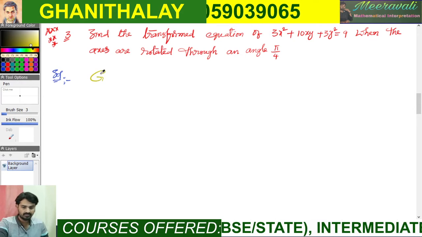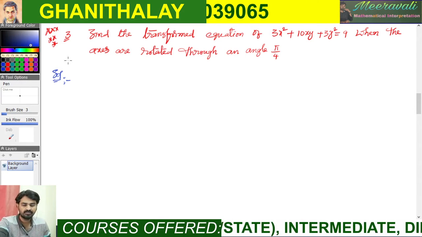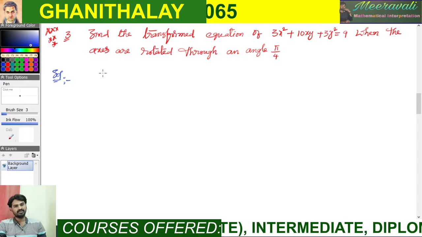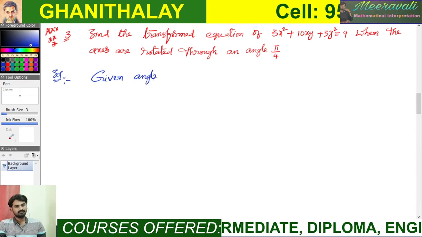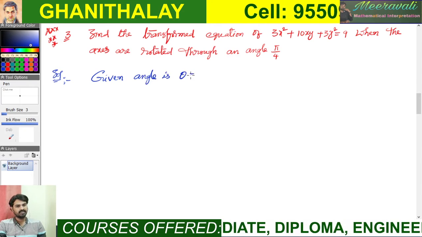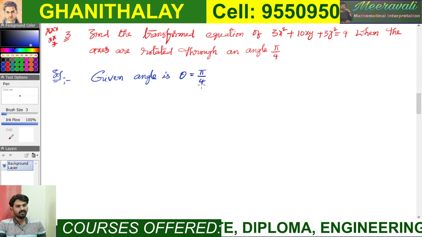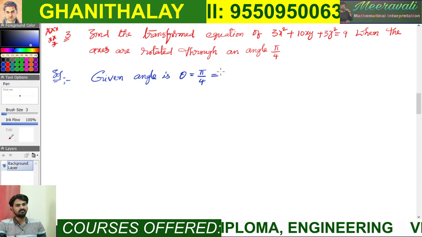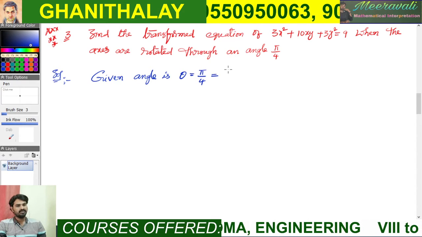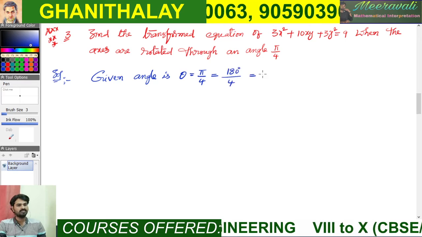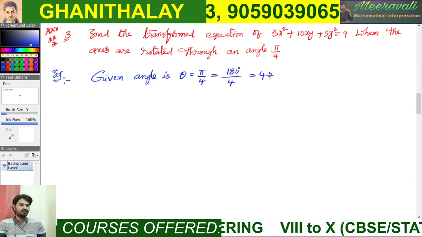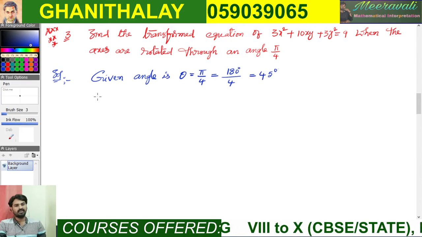So you have to write the old system equation and angle of rotation. I am going to write the given angle theta is equal to pi by 4. Convert this one into degree measurement, that is pi value is 180, 180 by 4, that is 45 degrees.